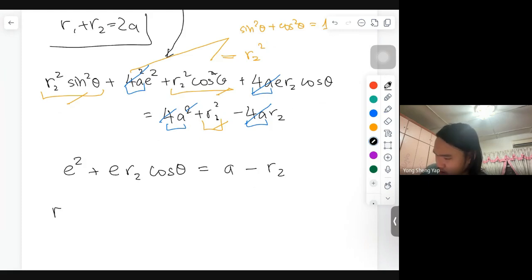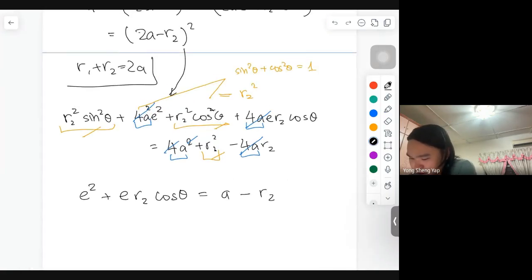So if we do a little bit of manipulation, we can get e squared minus a must be equal to a minus e squared. Am I missing something here?